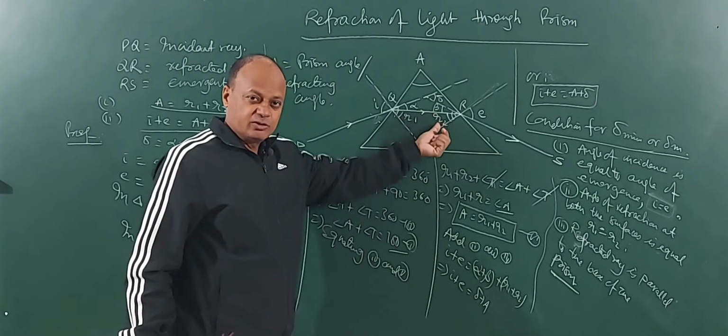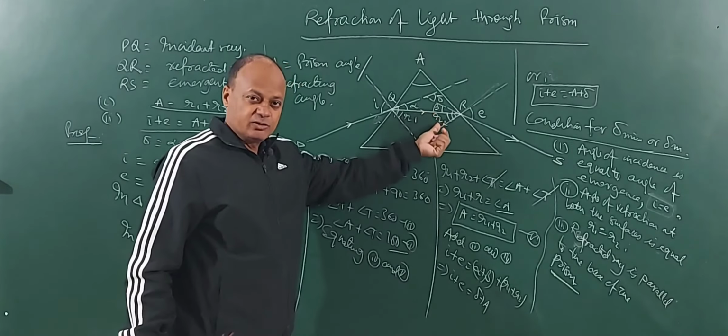This angle is the angle of deviation, this is prism angle A, and there will be two angles of refraction here, R1 and R2. Angle of incidence is I, angle of emergence is E. So we are going to find the relation between the refractive index of the prism and the angle of minimum deviation.